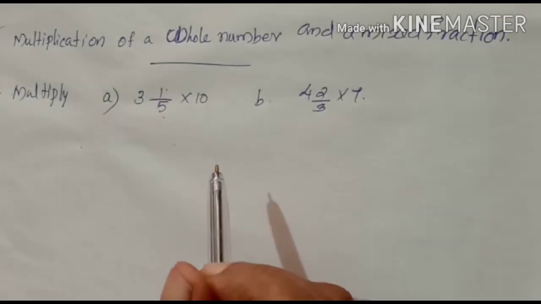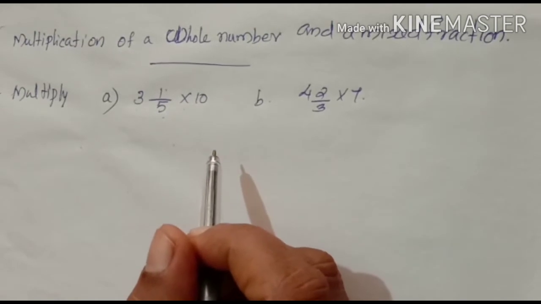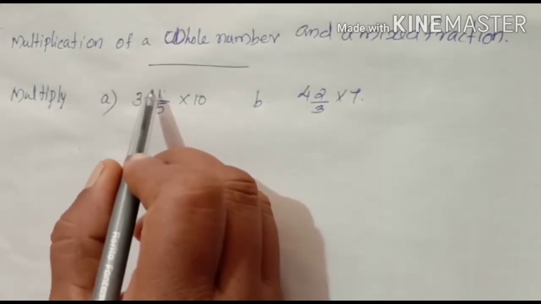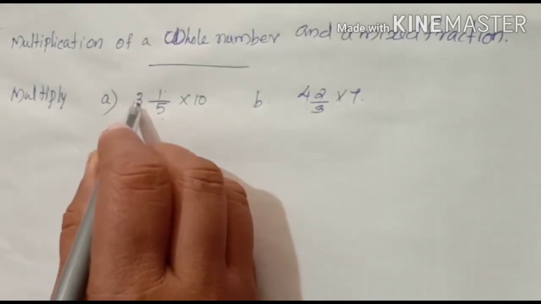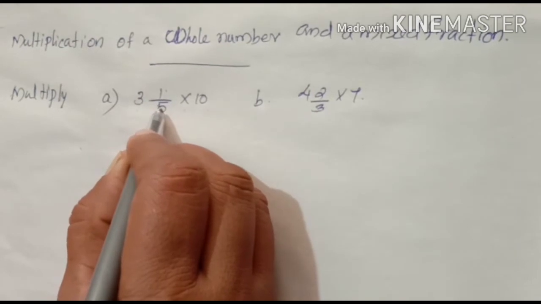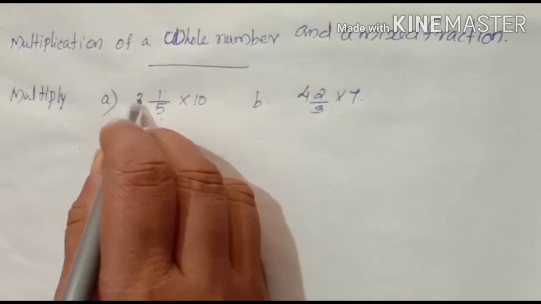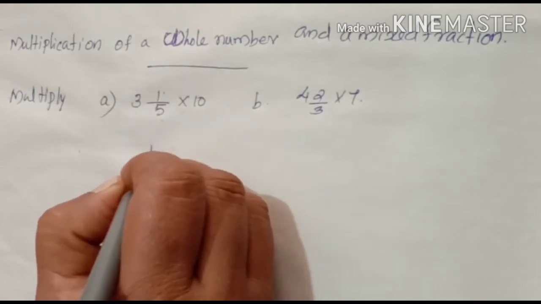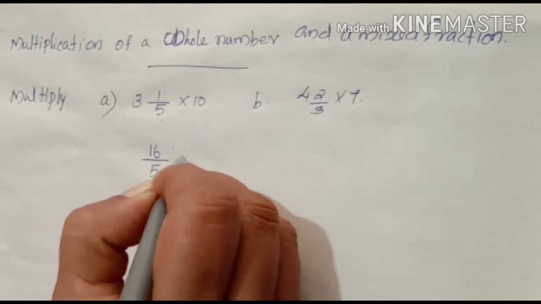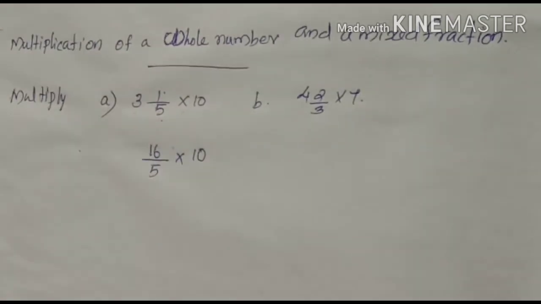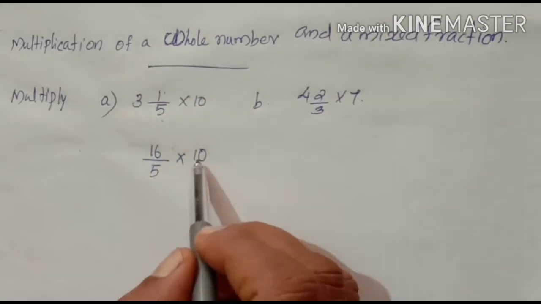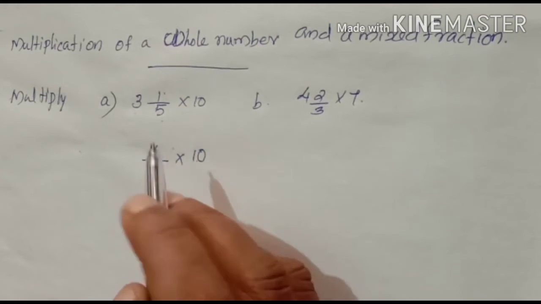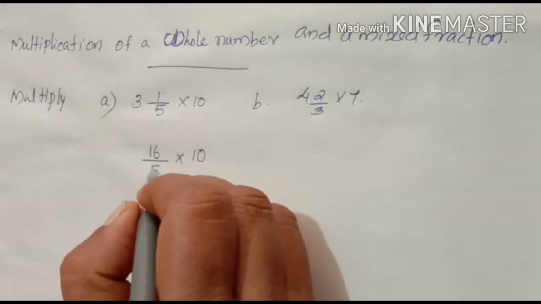First we have to convert the mixed fraction into an improper fraction. 3 1 by 5 equals 3 into 5 plus 1. 3 5s are 15. 15 plus 1, 16. 16 by 5 into 10. We can cut 5 and 10 from here itself. Both are multiples of 5, so we can cut here.